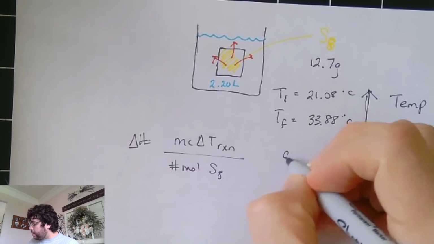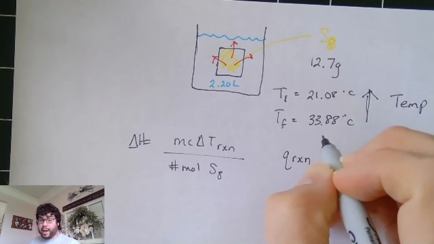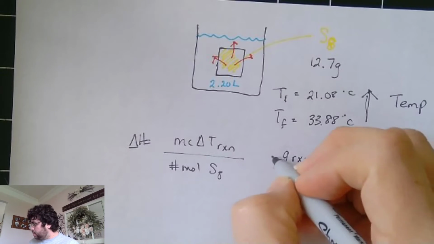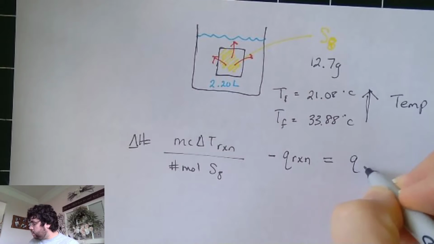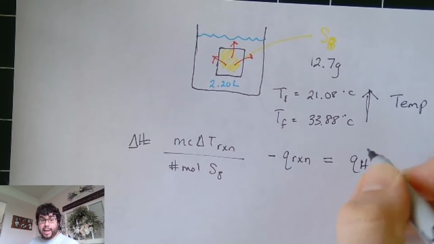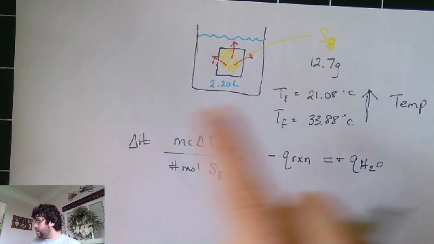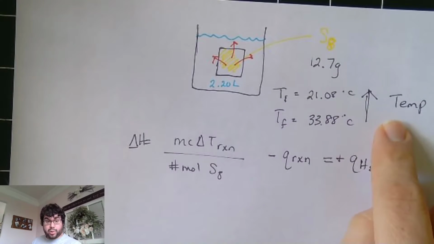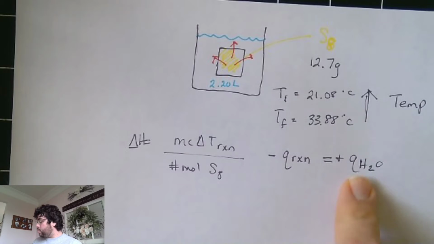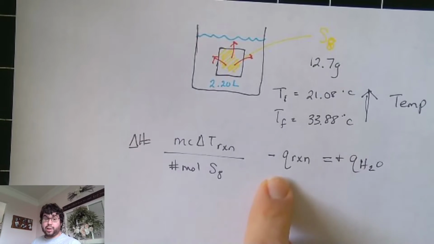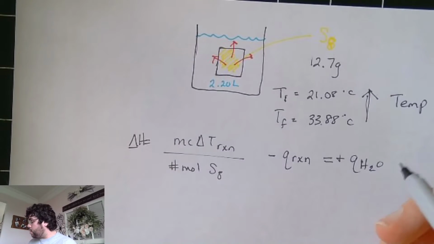However, we know that the reaction's heat is going to be exactly what the water gains. How do I know it's an exothermic reaction? That's actually the next question. I know the reaction is exothermic because the temperature of the water increased. So water gained heat while the reaction lost heat. So heat is being released out of the reaction and into the water.